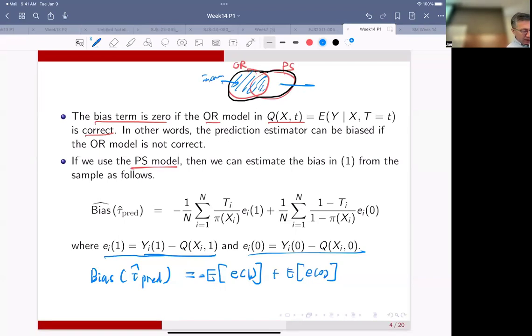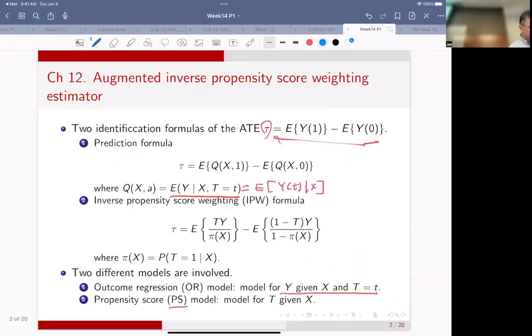And then I want to use the second identification formula here, the IPW formula, because now here this is E1, E0, and this is E1. So this is our bias. Bias is expected value E1 minus expected value E0.